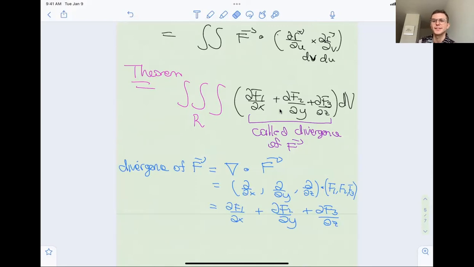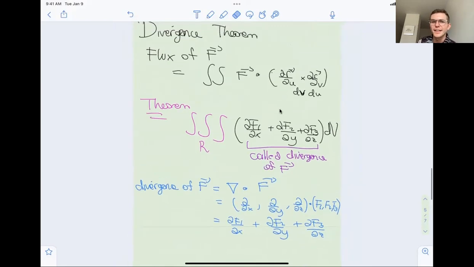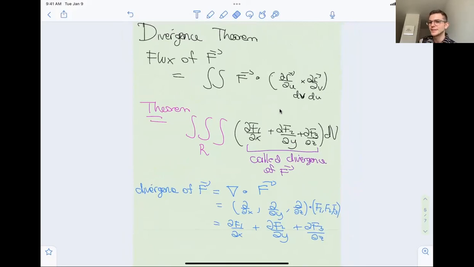But again, this is why I'm saying this is a version of Green's theorem, an adult version of Green's theorem. There were really two forms of Green's theorem, but either form says that if you were trying to do an integral, for example, of work or flux over a curve, you can trade that off with a double integral.